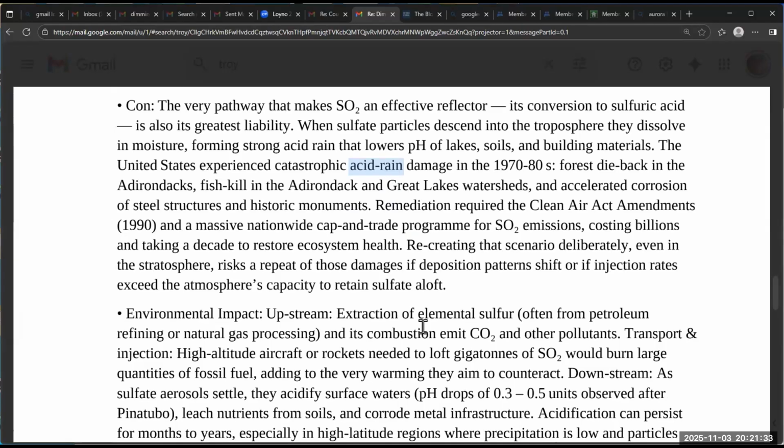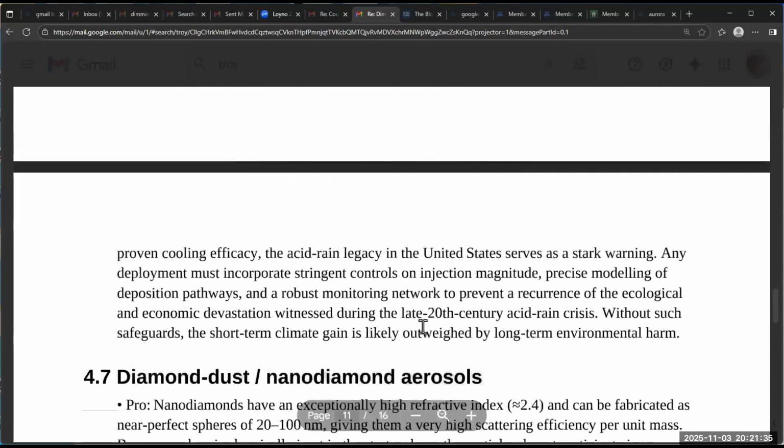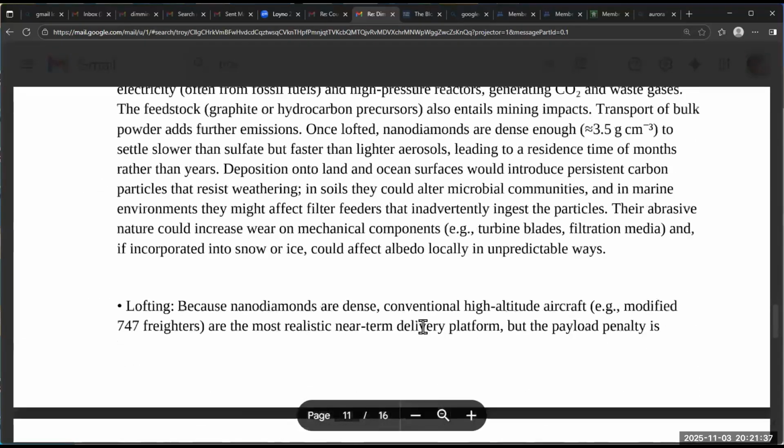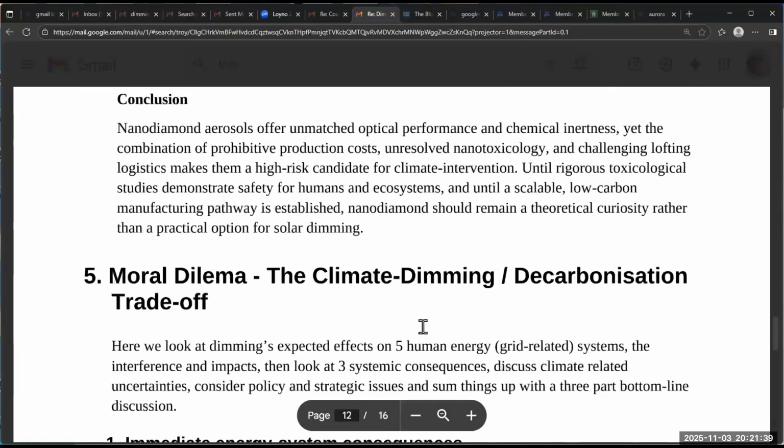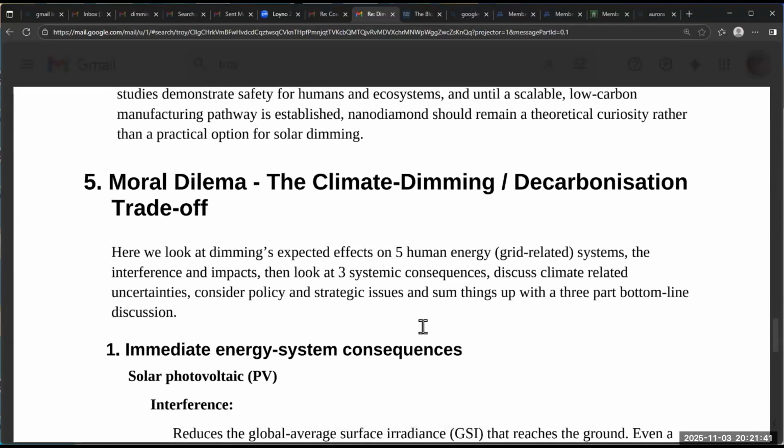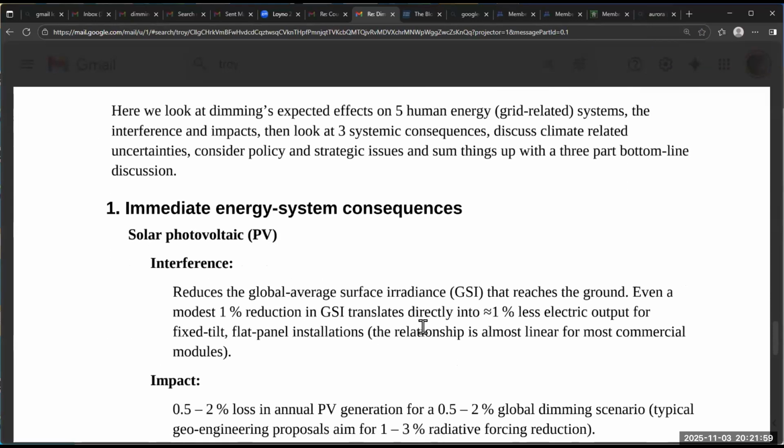Then near the bottom of the document, I wrap it up a little bit with the moral dilemma. This is basically what I try to point out here: maybe we can do some good with this, but the first section, 5.1, is pretty obvious stuff.